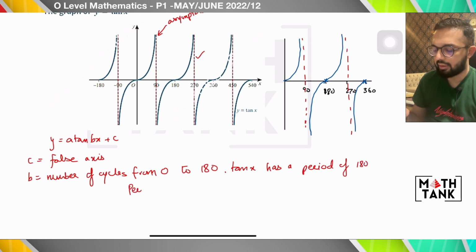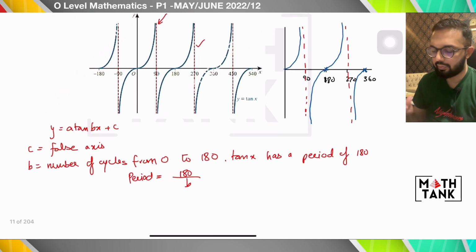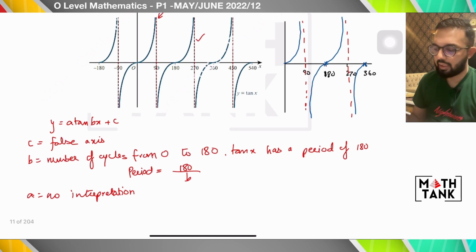So the period in this case would be 180 divided by b rather than 360 divided by b as in the case of a sin x or a cos x graph. A has no interpretation, as there is no amplitude because there are just infinities. We'll talk about how to calculate a if it's unknown.